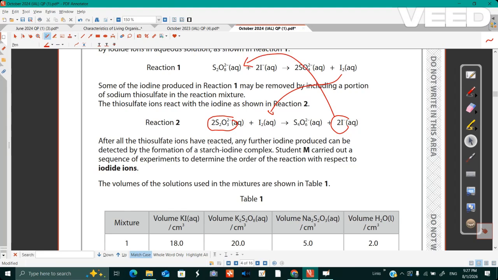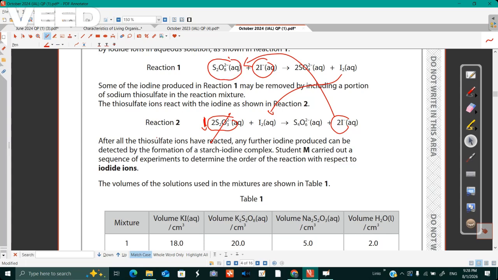So until thiosulfate is over, the first and second reactions are continuously happening. The moment thiosulfate is over, I minus becomes the limiting reagent here, so until I minus is over, the reaction is happening.